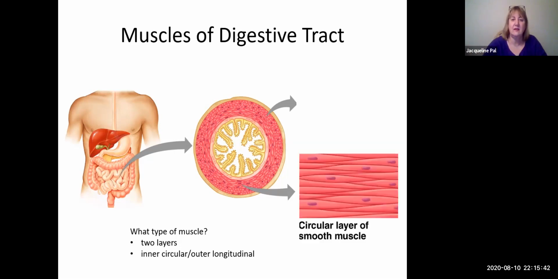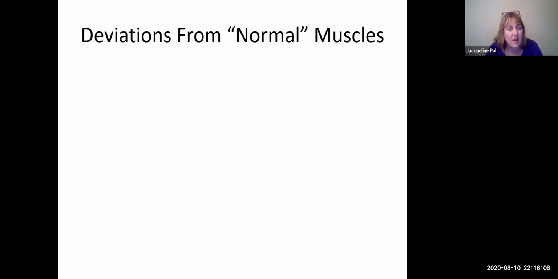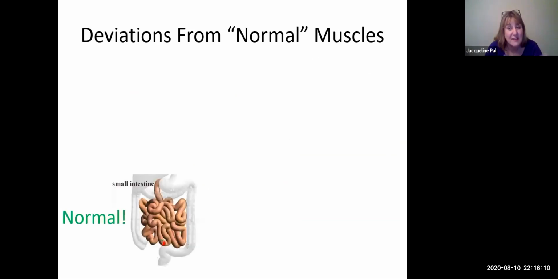And then on the outer side, we have an outer longitudinal layer. When it contracts, it will move foodstuffs along the pathway. So just remember inner circular and outer longitudinal for the two layers in the digestive system. However, this is not found everywhere in the digestive system. This is how it's found in the small intestine.